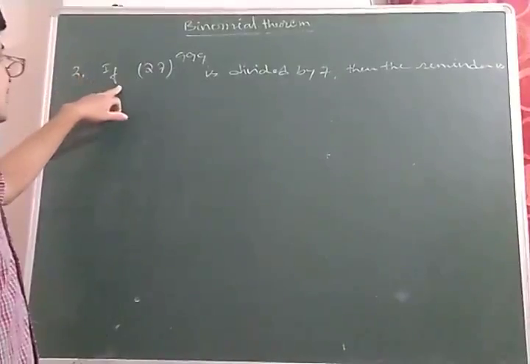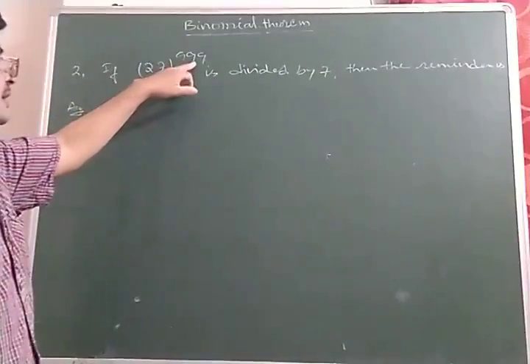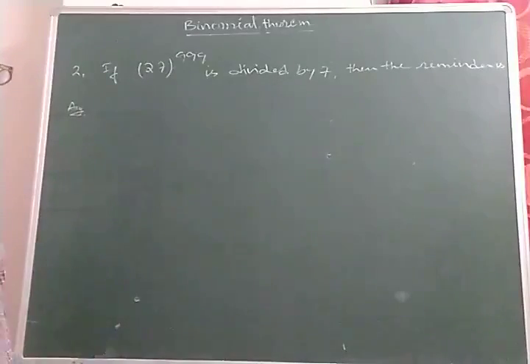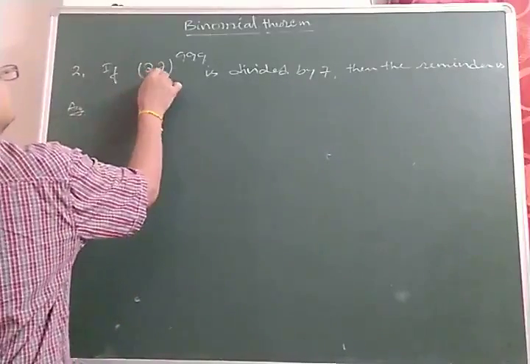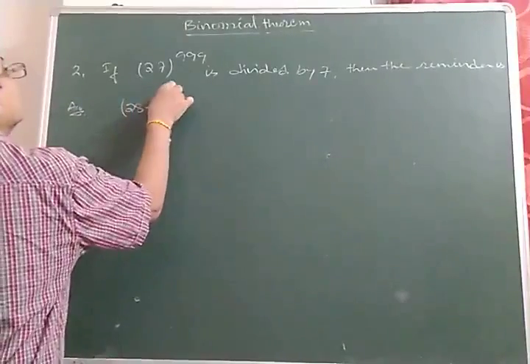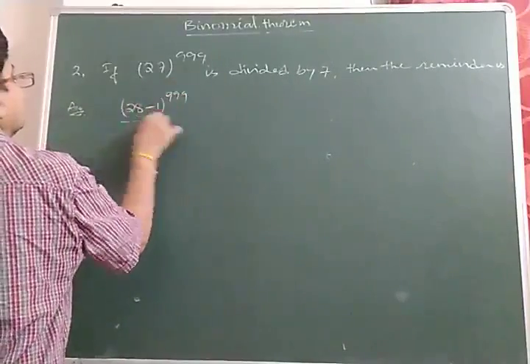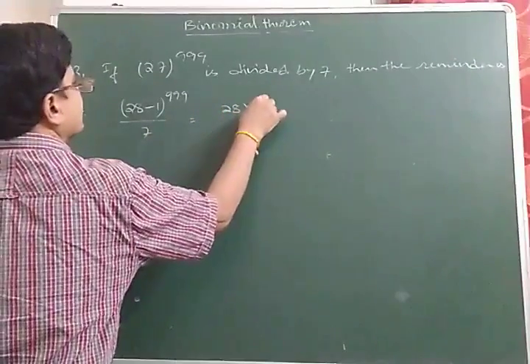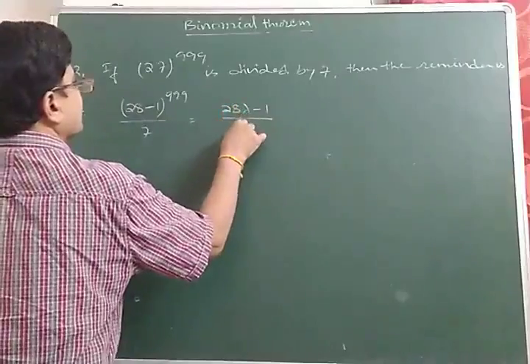Second question. If 27 to the power of 999 is divided by 7, then the remainder is. So that's why 27 can be written as (28 − 1) whole to the power 999 by 7. That is equal to (28λ − 1)/7.